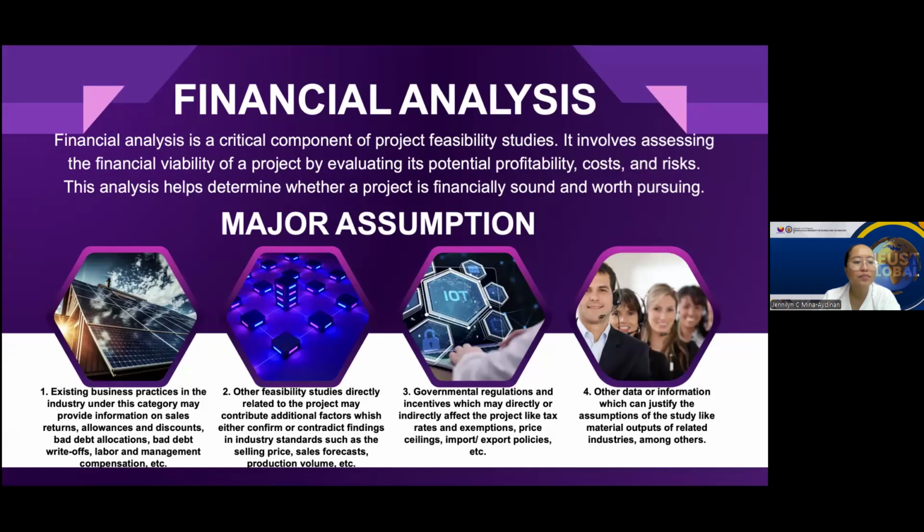For example, students working on a small manufacturing business conduct financial analysis. Major assumptions: they assume 5% annual sales growth based on market trends and industry practices. The total project cost is $100,000 for equipment, materials, and setup. The sources of financing: a bank loan of $60,000 and owner's equity of $40,000.